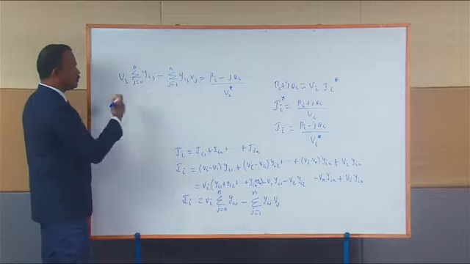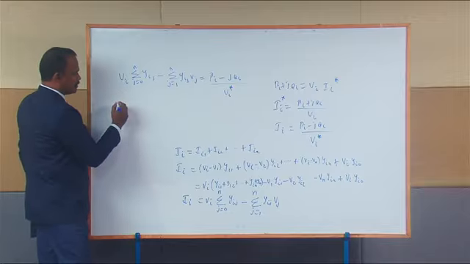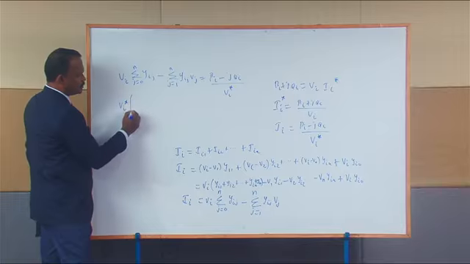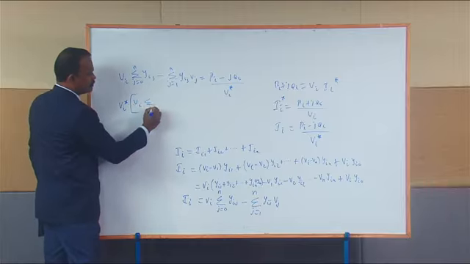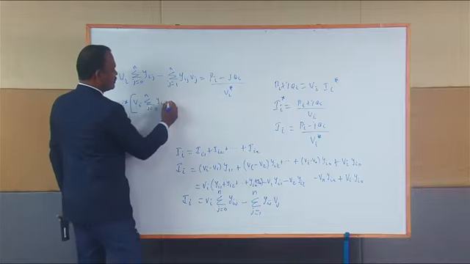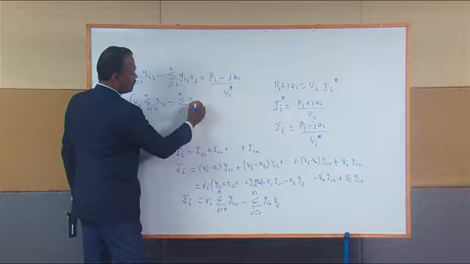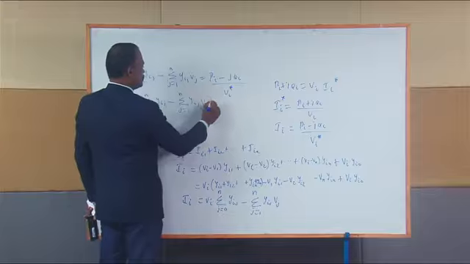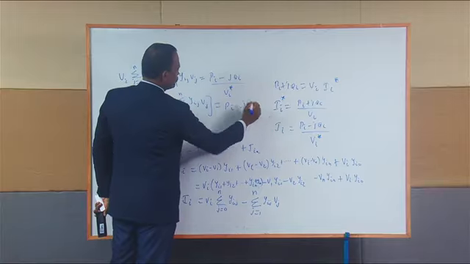Okay, now I can take this Vi conjugate to the left hand side. I can write Vi conjugate into Vi sigma j equal to 0 to n Yij, then minus sigma j equal to 1 to n Yij into Vj, right? This is equal to Pi minus jQi.